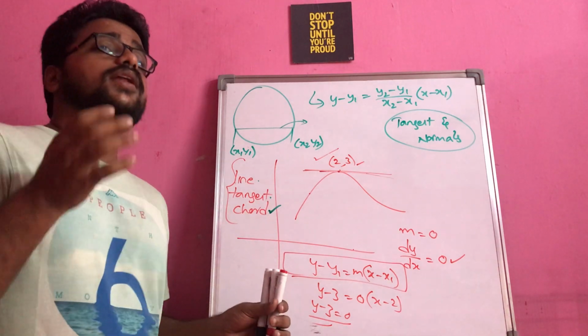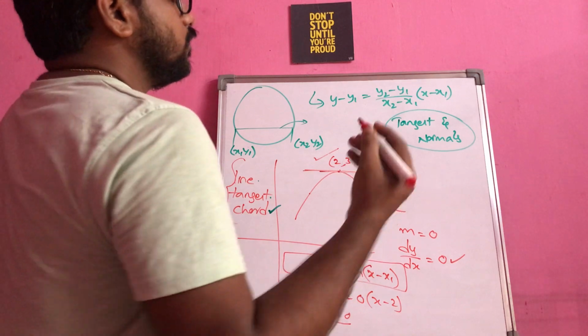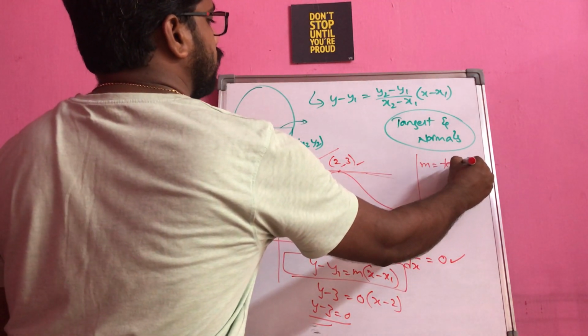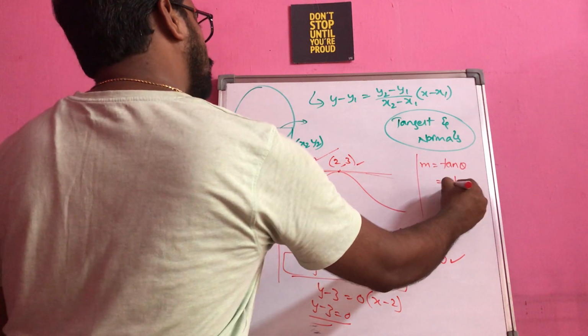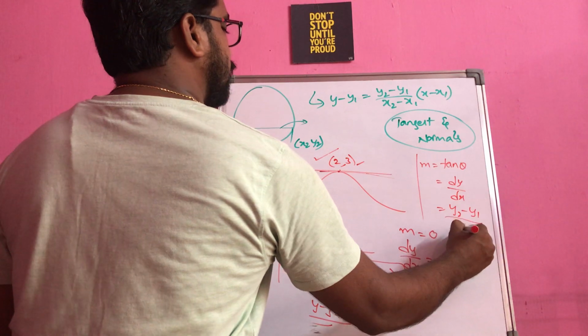Why is it named only as tangents and normals? Simple thing, from our basic knowledge we can say that slope is equal to tan theta, slope is equal to dy by dx, slope is equal to (y2 minus y1) by (x2 minus x1).